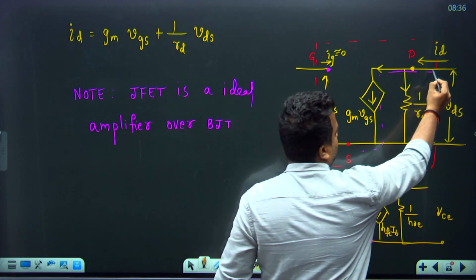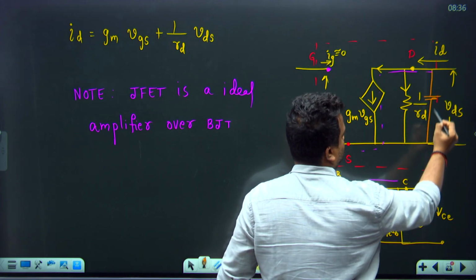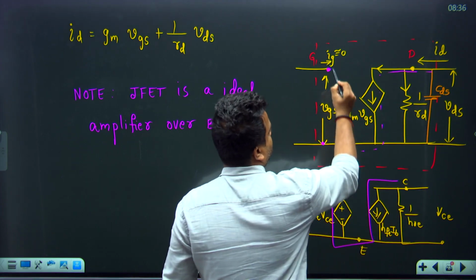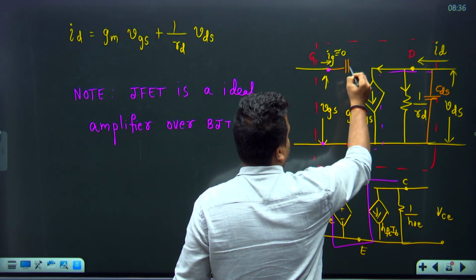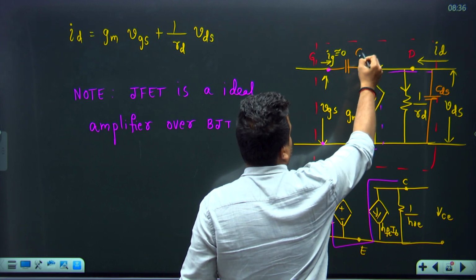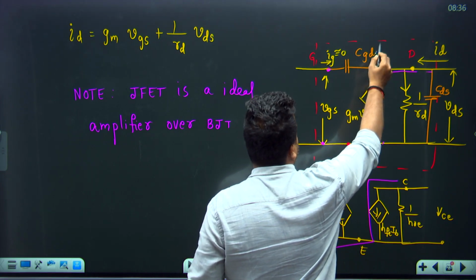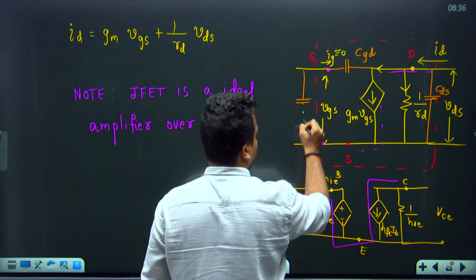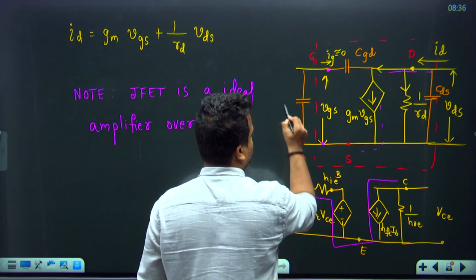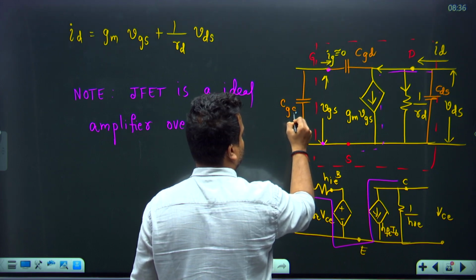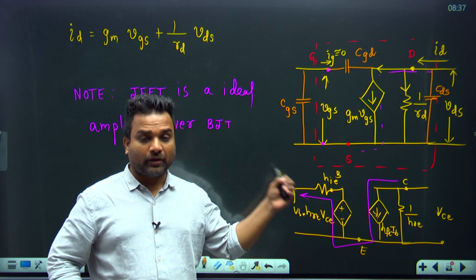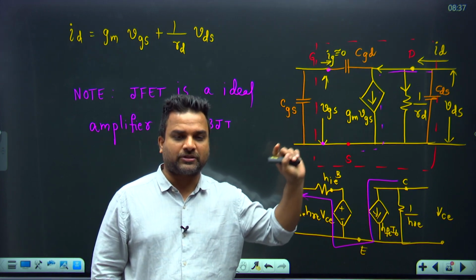Here you get one internal capacitance between the drain and source, CDS. There is a feedback, a capacitor present between gate and drain, CGD. There is a transition capacitance, an internal capacitance between the gate and source, CGS. So whatever the figure now is for high frequency applications.